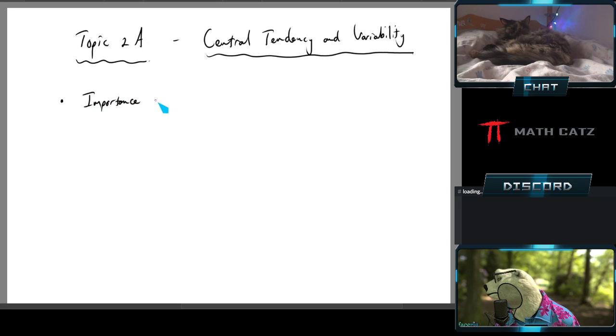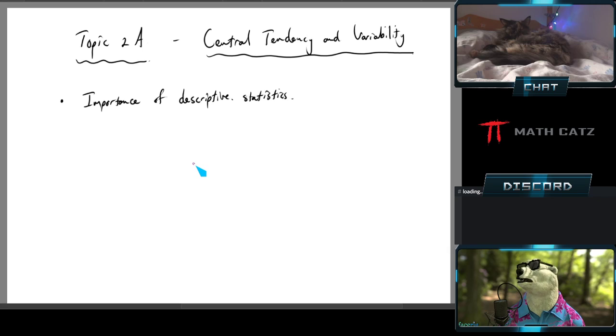So let's remember the importance of what we call descriptive statistics. We have some data we want to describe, hence the name, describe what we see, what properties these set of scores have.